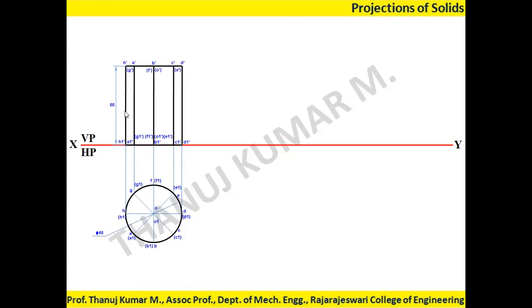I have made these generators visible because the generators in the front, that is A1, B, B1, C, C1, are visible, whereas G, G1, F, F1, E, E1 in the front view are not visible. You can see here H dash, A dash, B dash, C dash and D dash are visible. This front side of the cylinder is seen, whereas G dash, F dash, E dash, this portion is invisible. Because of that reason, we kept them in brackets.